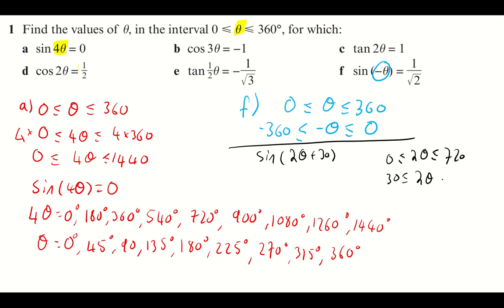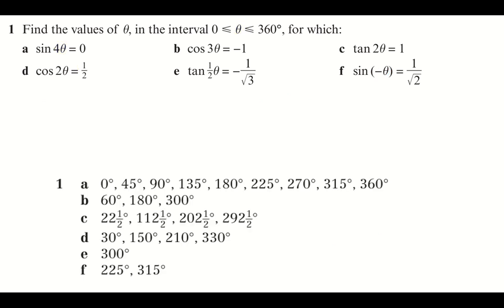So do your multiplication, then your addition, and at the end just solve it like a normal equation. So 2 theta plus 30 would equal something. You would minus 30 and then divide by 2, just like a normal linear equation. The rest there are yours to have a go at, and the answers are here.